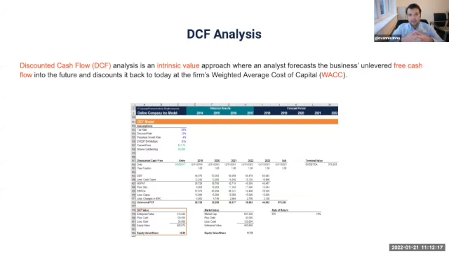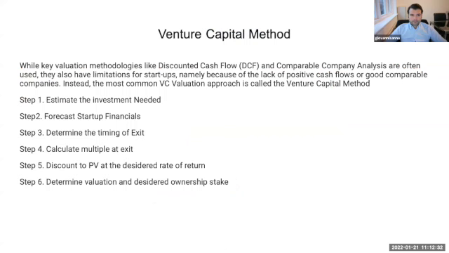At that point, you get the unlevered free cash flow, and that's how you come out with your valuation. This is a quite easy method, and at the same time, it's widely used. And the last one is the venture capital method.